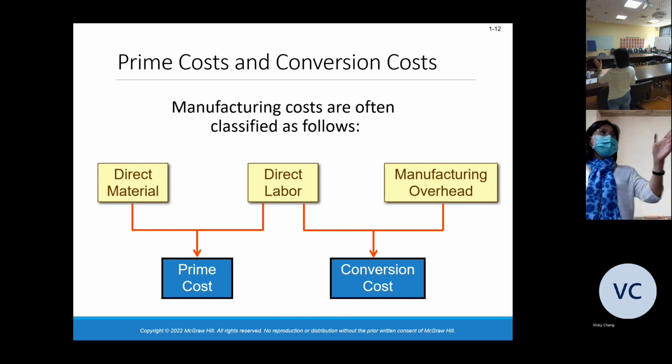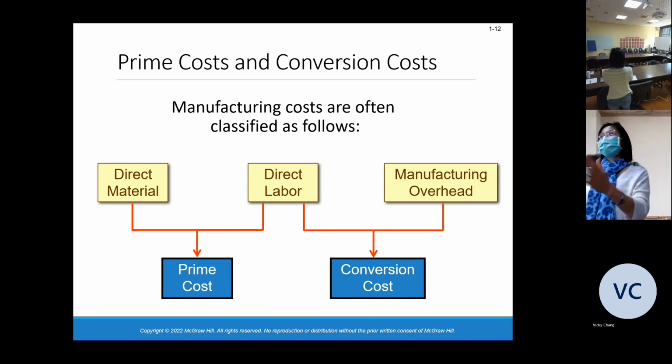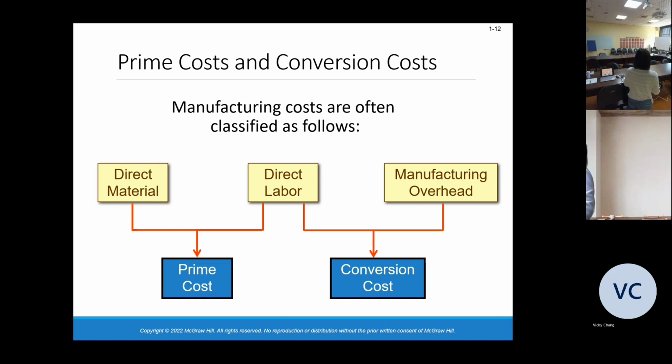And direct labor and manufacturing overhead are called conversion costs because they help to convert the cost into product. So if I ask you what is prime cost, you will tell me direct material or direct labor. So direct labor is both prime cost and conversion cost.